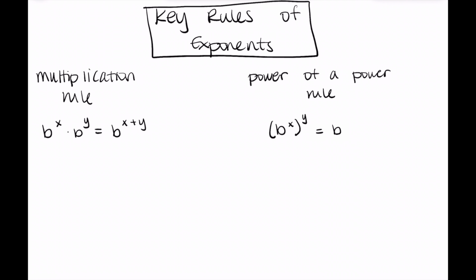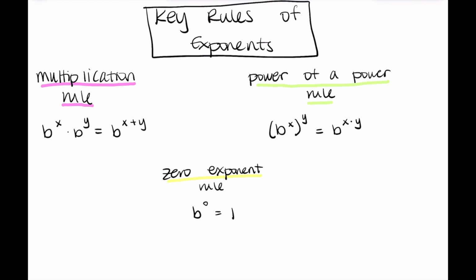So it would be b to the x times y. So that's the power of a power rule. And our last rule is the zero exponent rule. So any number, any base, as long as it's not 0, so any base to the power of 0 will give you 1.